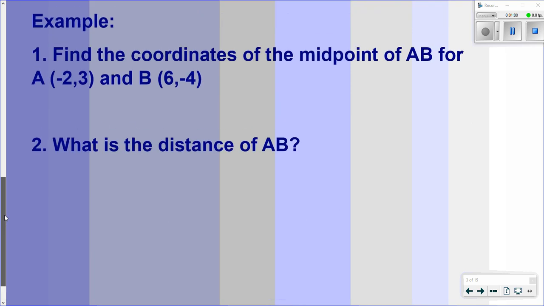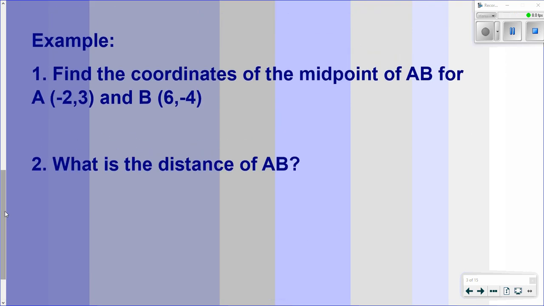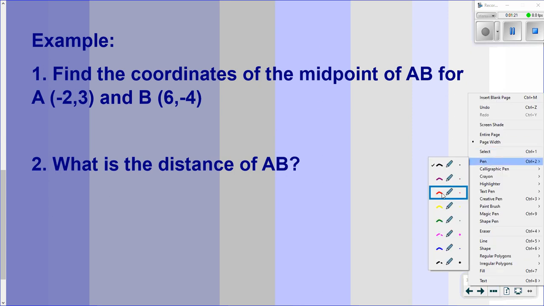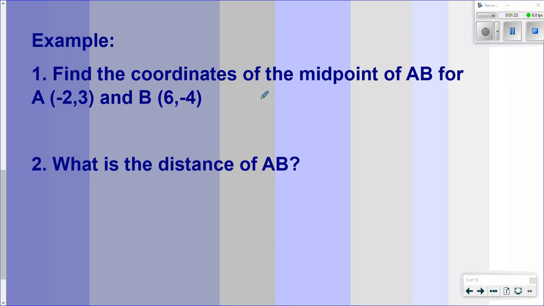They said, find the coordinates of the midpoint for AB, where A is (negative 2, 3) and B is (6, negative 4). So let me get a pen. We're looking for the midpoint. So we know midpoint, we got (x1 plus x2 over 2, y1 plus y2 over 2), and make sure it's in its parentheses.